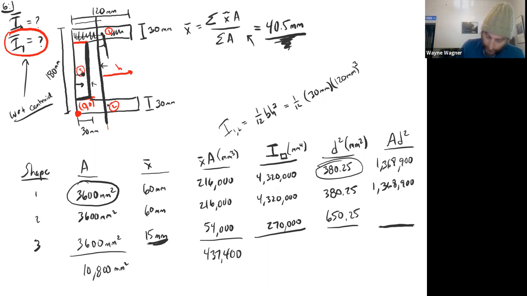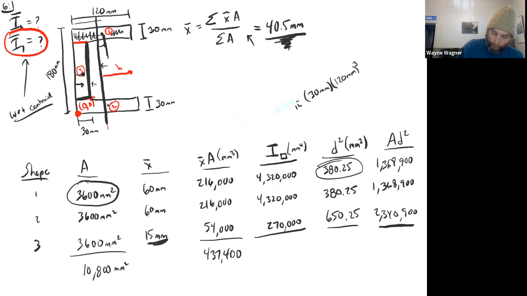And then we'll do the same for this bottom row, which is 3,600 times 650.25, and we'll get 2,340,900. Okay, and so now we're ready.